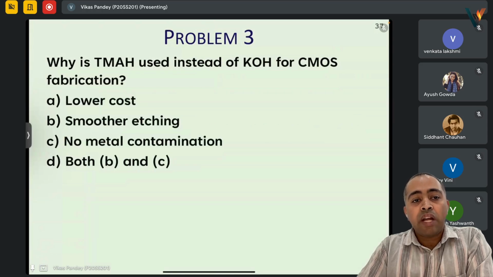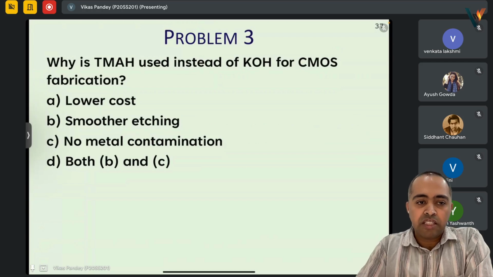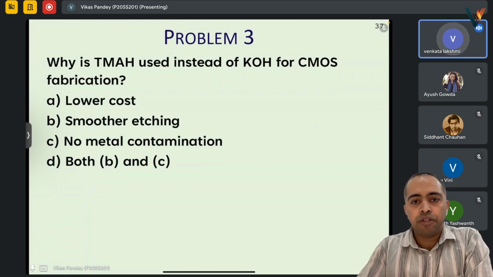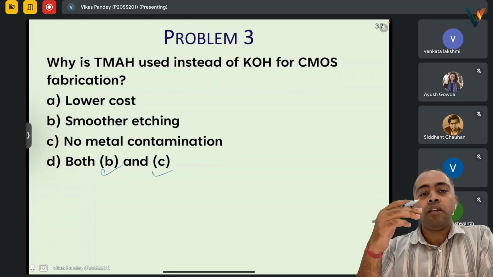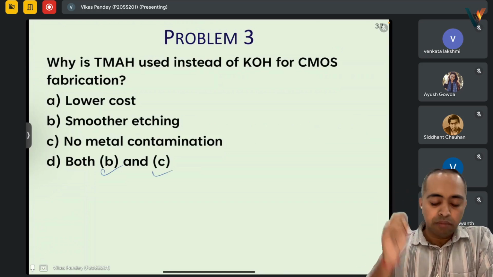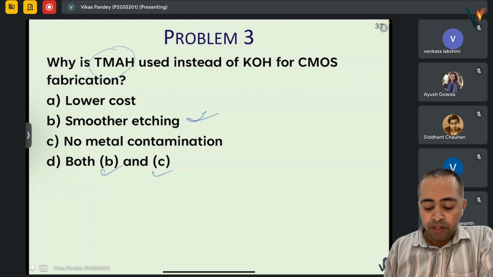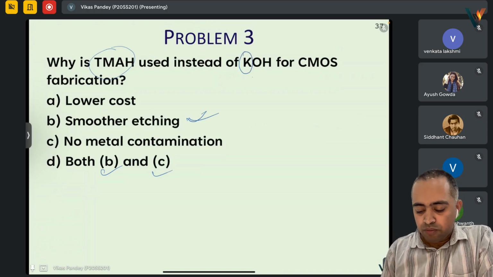Now, why is TMAH used instead of KOH for CMOS fabrication? Is it due to lower cost, smoother etching, no metal contamination? Both B and C. Anyone? I think D, sir. D, both B and C. As we saw, compared to KOH, TMAH has smoother etching as well as there is no potassium.